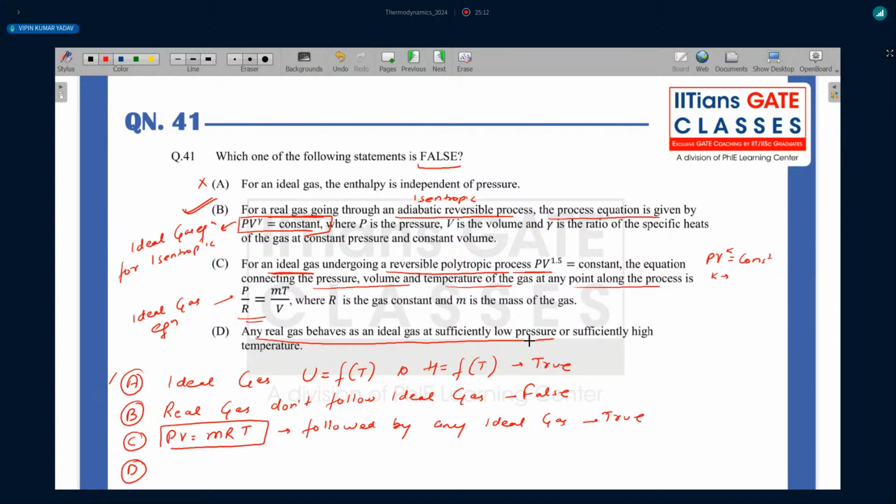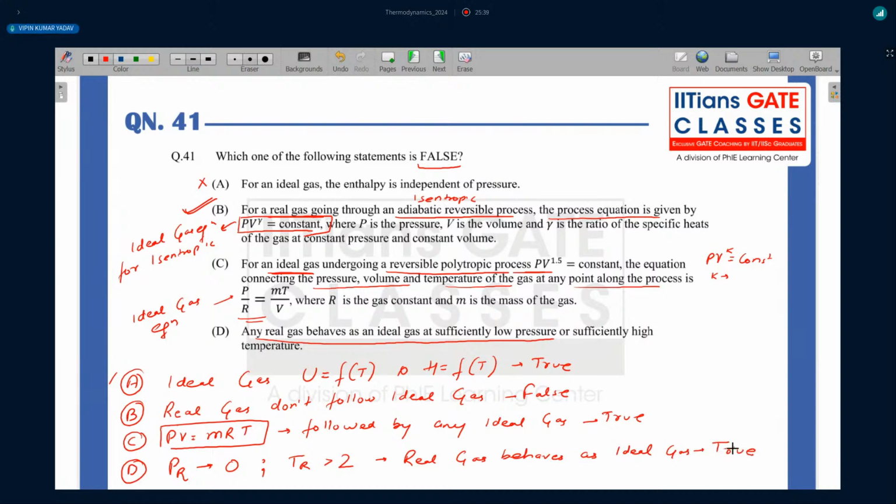I hope you remember, when reduced pressure tends to 0 and reduced temperature is greater than 2, then real gas behaves as ideal gas. So at low pressure and high temperature, real gases behave as ideal gas.